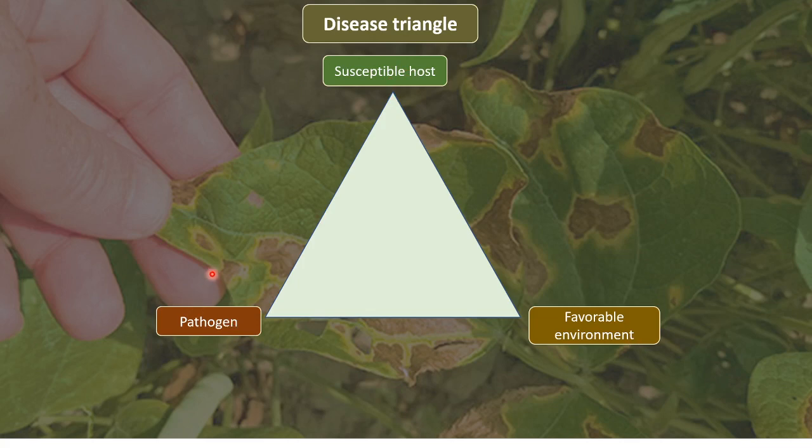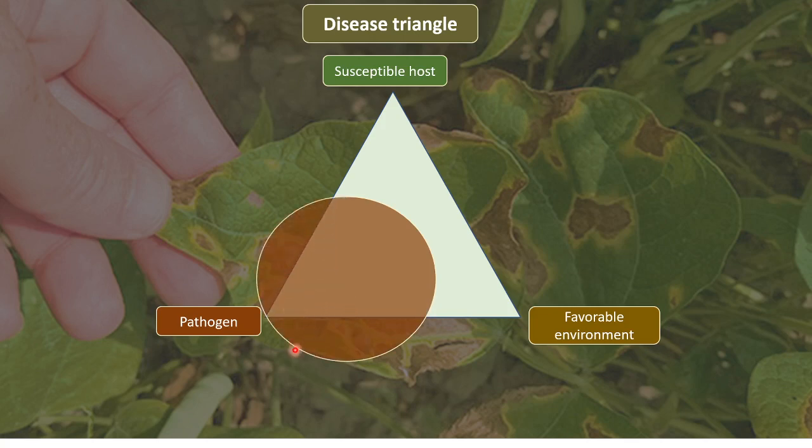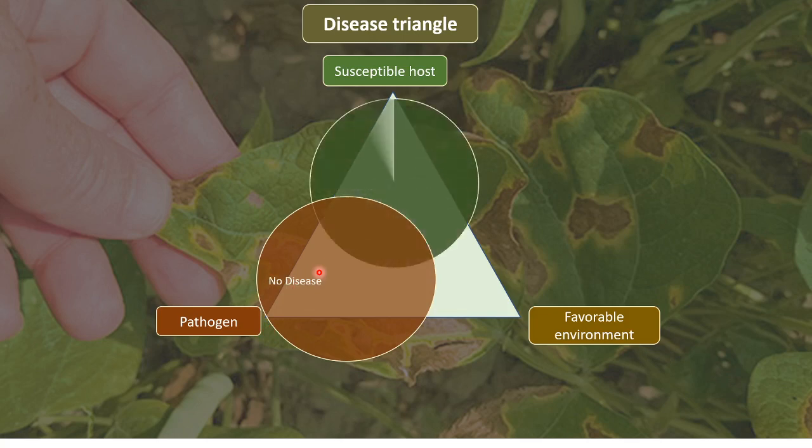Now, if we look at the pathogen, we can see that when only the pathogen is present, there will be no disease. That means for a disease to happen, if there is only pathogen, the disease is not going to happen. Similarly, if only the host is present, this green part is for host, this brown is for pathogen, right? So if only host is present, then also there will be no disease.